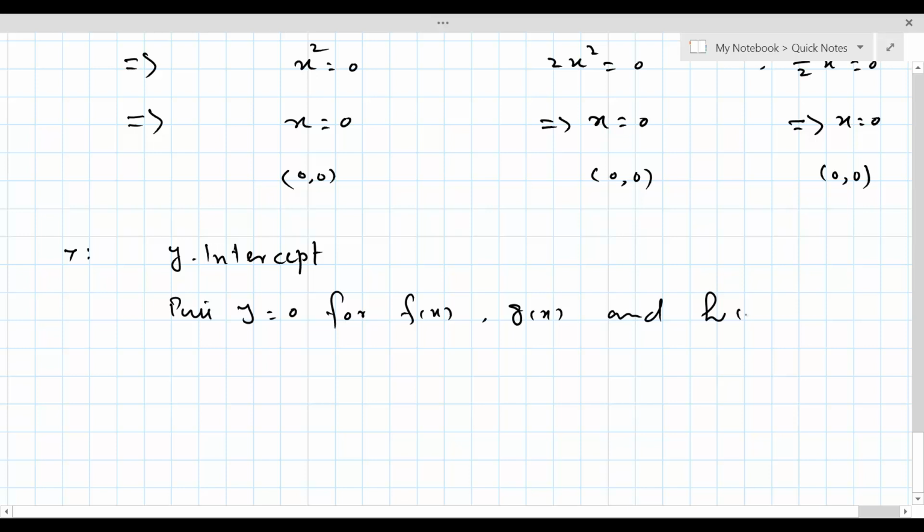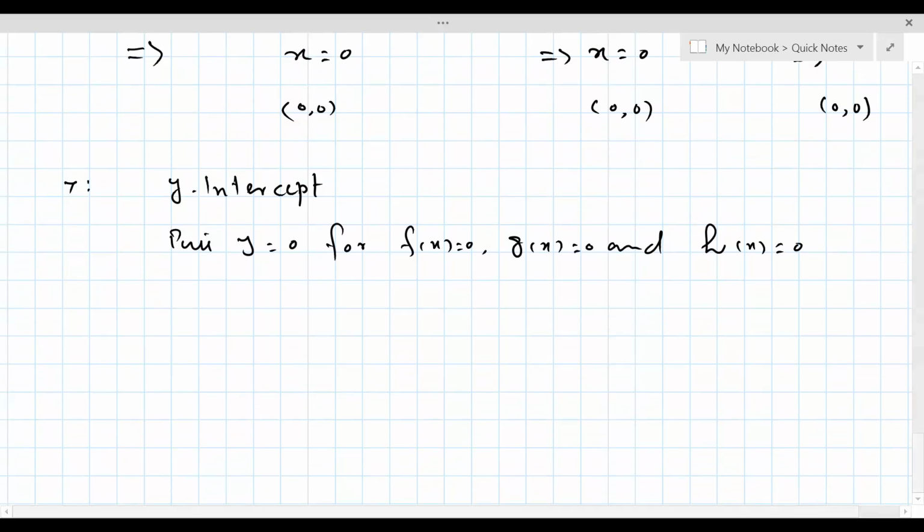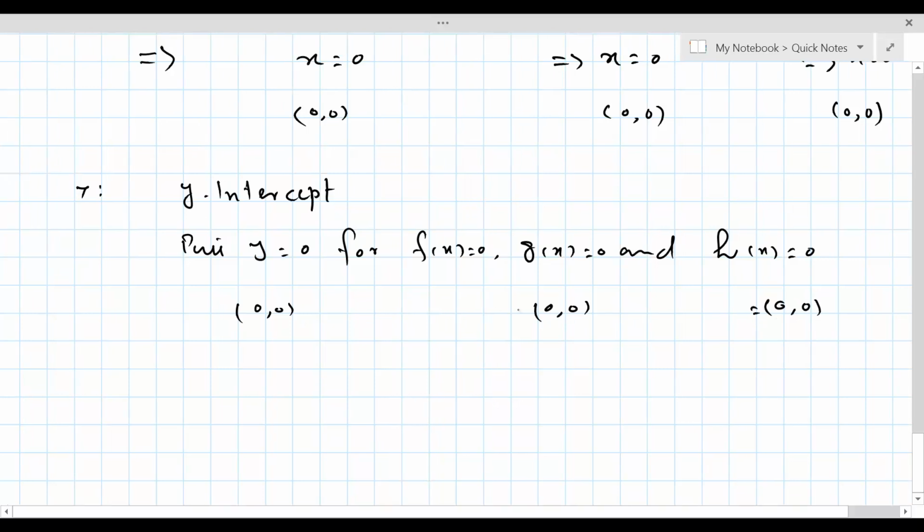So this is equal to 0 and this is equal to 0, because y in fact is f of x, y is equal to g of x, and y is equal to h of x for any function. This means again 0, 0 is the y-intercept as well.